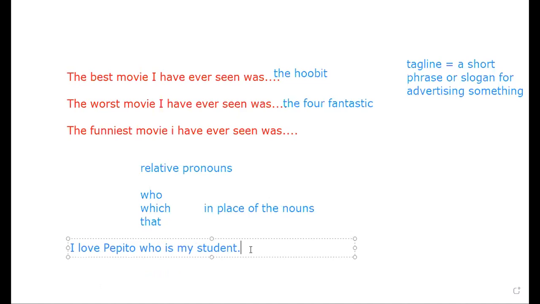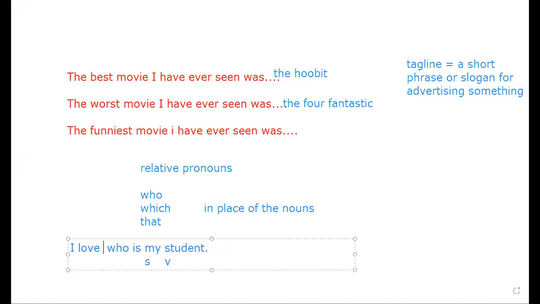And in this case, it's a relative subject clause. Why? Because who is the subject and the verb is. Is. Okay? I love Pepito. Who is. It's not possible to say, as Mirna was saying here, no, it doesn't work.